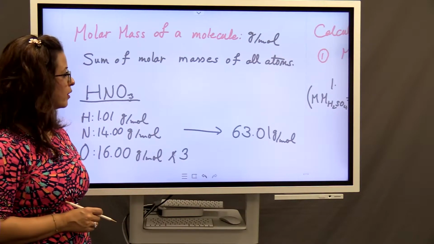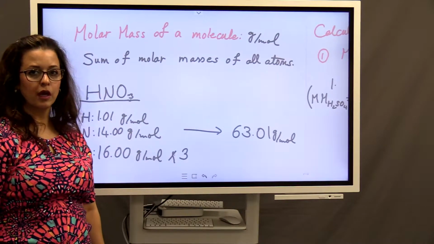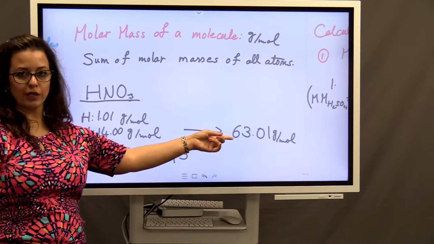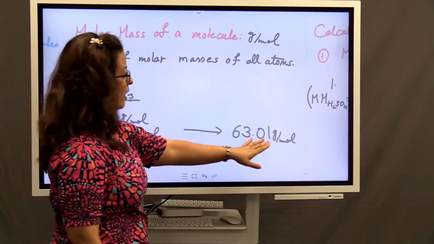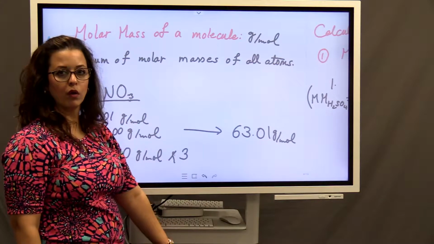That's how you calculate the molar mass for molecules. It's very similar to molecular mass. What is different? The unit. Instead of atomic mass unit or AMU, now you use grams per mole. Okay?